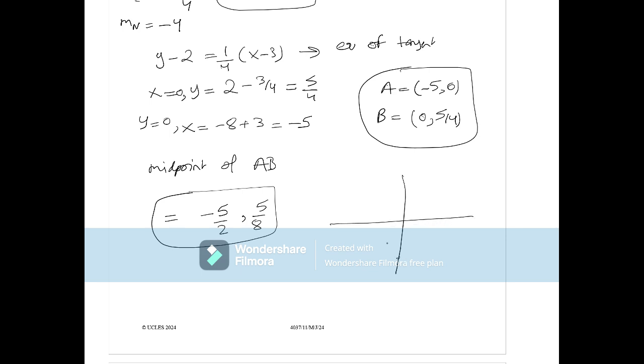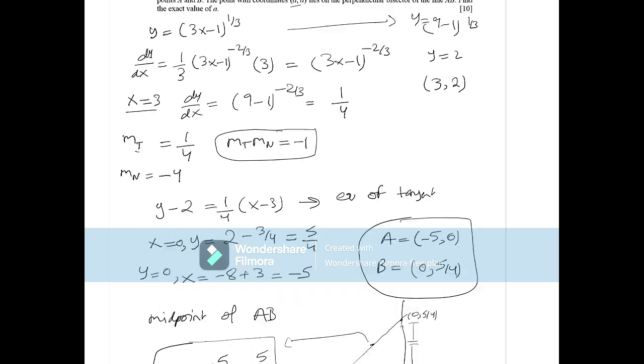So this is (minus 5, 0), this is (0, 5 by 4). The midpoint is the coordinate of this point, and the perpendicular bisector goes from here.